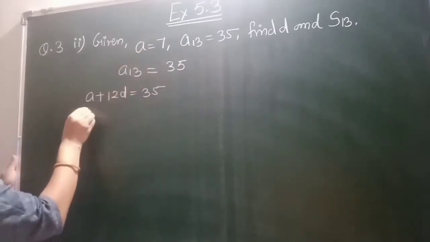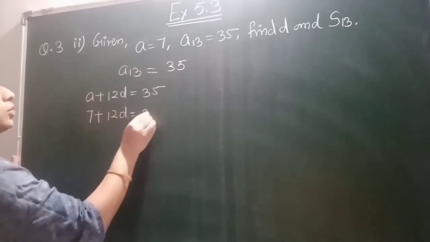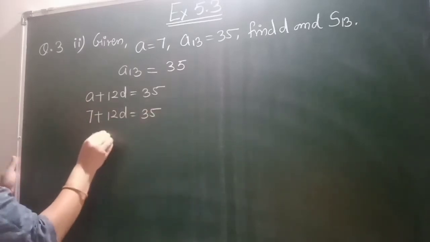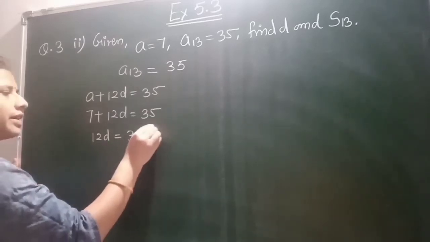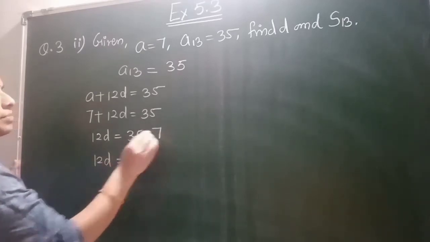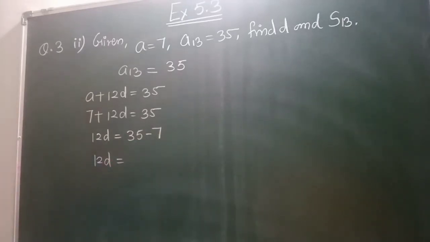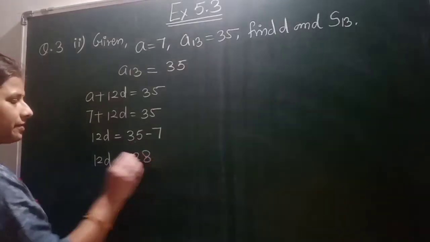Then substitute the value of a: 7 plus 12d equals 35. Then we will shift this plus 7 from left hand side to right hand side. We will get 35 minus 7, and then 12d equals. Subtraction of 35 minus 7 will be, yes students? Yes, 28.